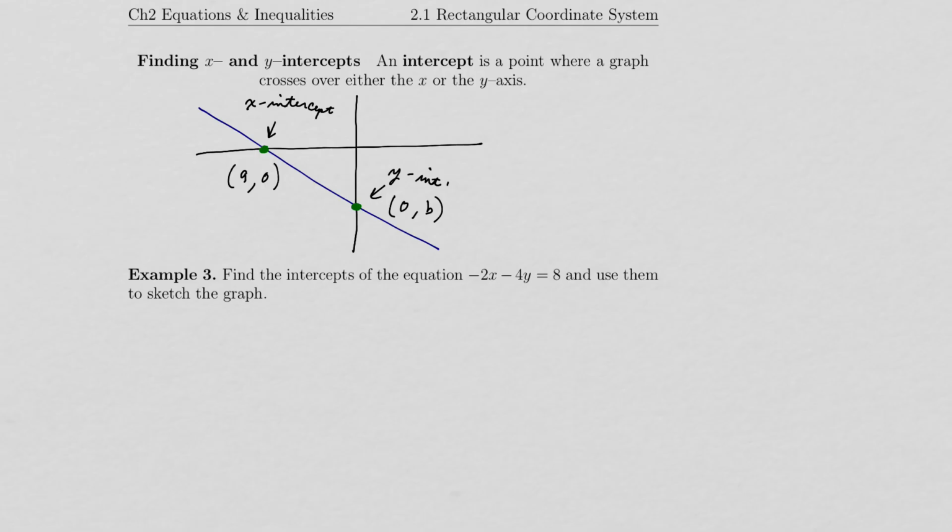Okay, so if you have an equation, how do you find those x and y intercepts? Well, you basically set the other coordinate equal to 0, right? So let me write that out here. I'll start with the x-intercept.